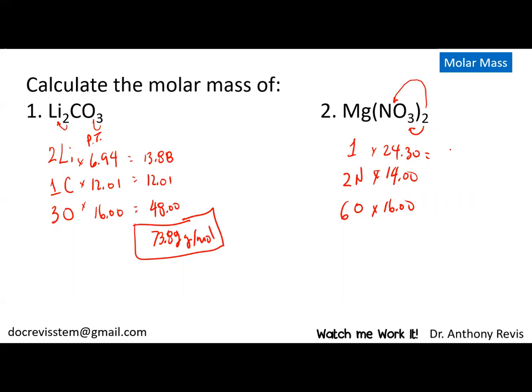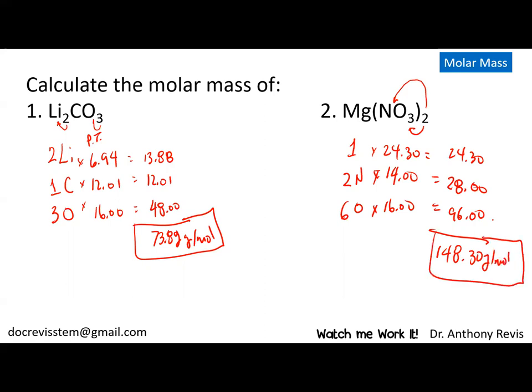And this will be 24.3. And this is going to double. The next one's going to be six times that number. It's going to give me 96.00. So you're just watching me work right through these. And I only did these to two decimals, again, for convenience, gram per mole. That's my squared-in answer for my molar mass of these compounds.